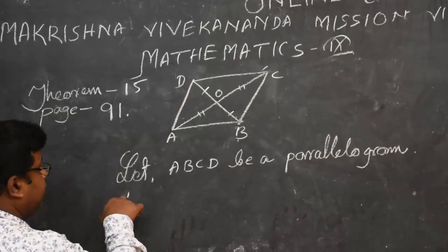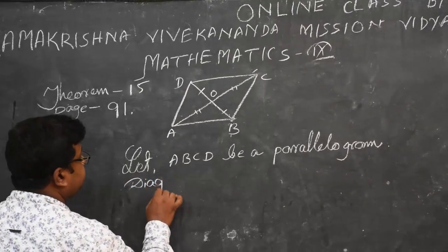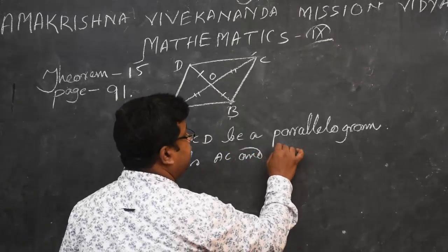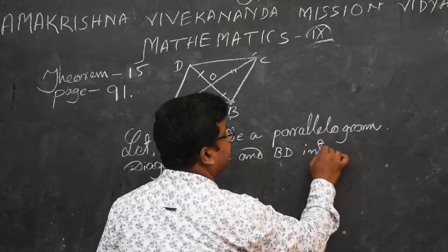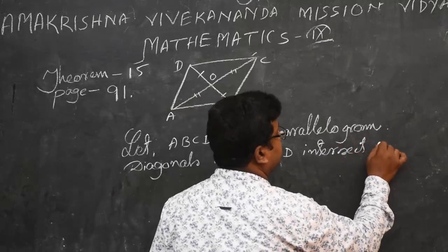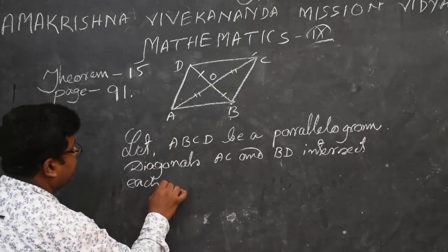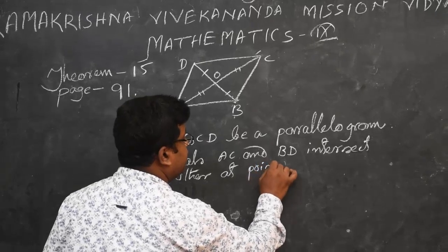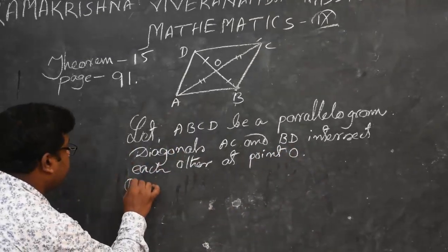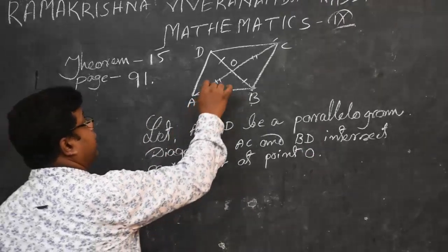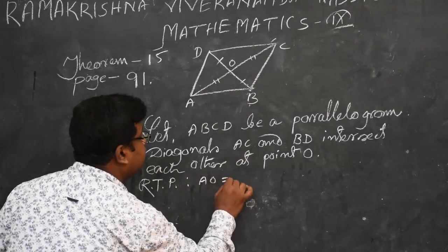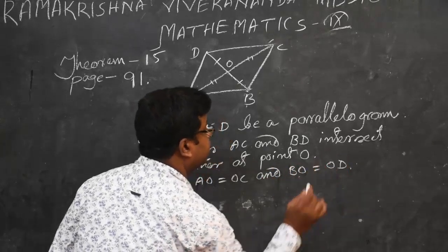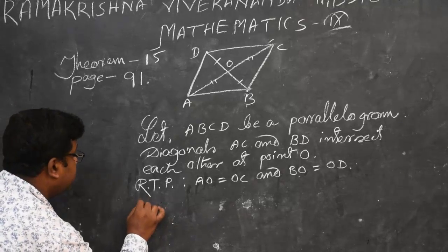Diagonals AC and BD intersect each other at point O. Required to prove AO equal to OC and BO equal to OD. Proof. Construction is not required here.